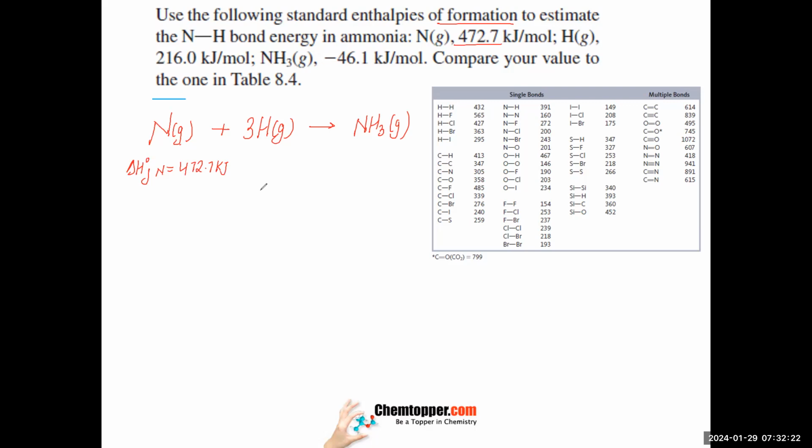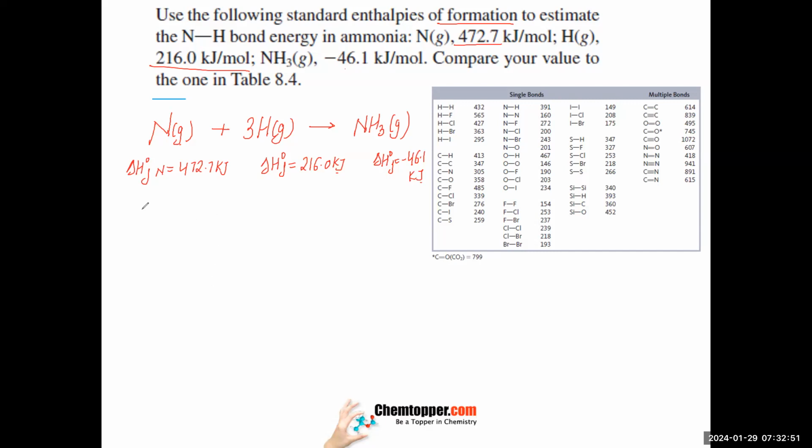Stable elemental form is N2, not N. H is also given. This is also not stable. Stable form is H2. H2 has zero value, and ammonia delta H naught formation is given, is minus 46.1 kilojoules. These are the values given.